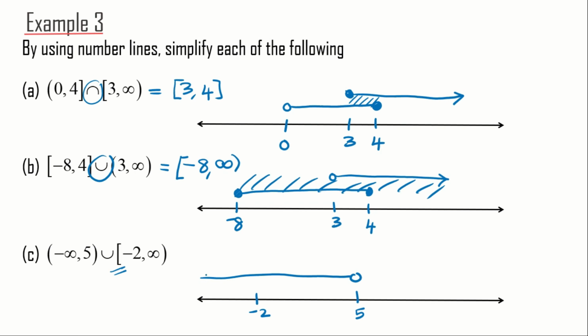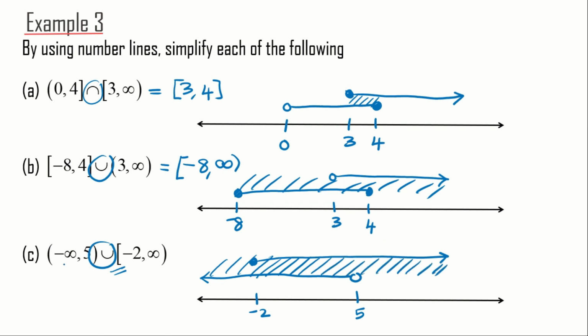Now our arrow goes to the right from negative 2 until infinity. So we have a closed interval at negative 2. And we are looking for the union. Again, union is basically everything that has lines. So for this one, we have from negative infinity until infinity.